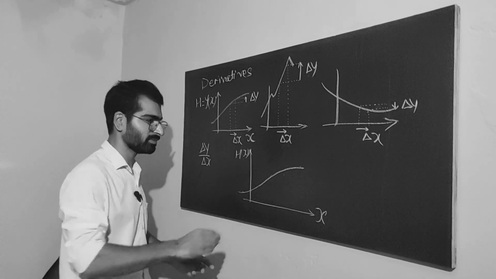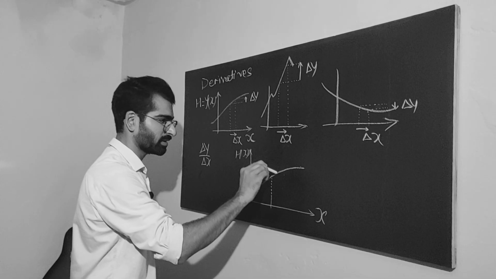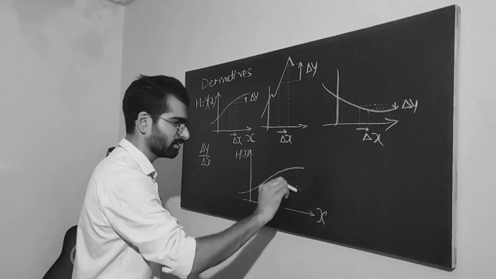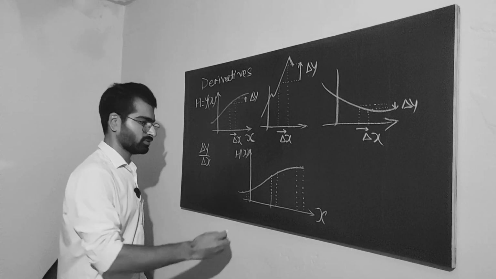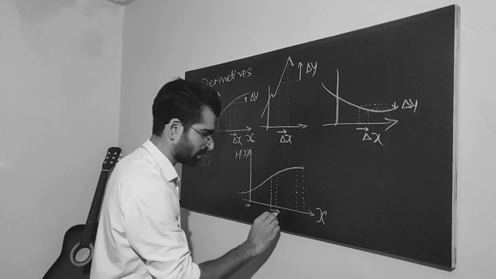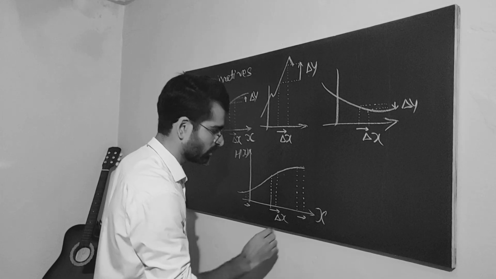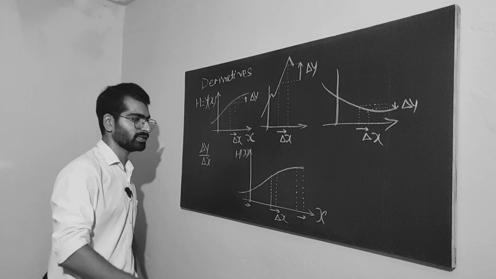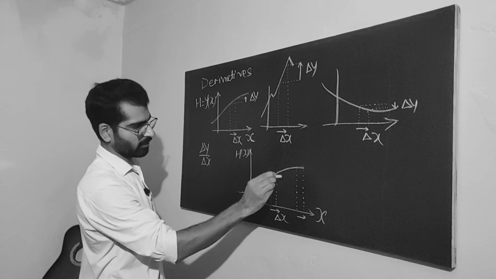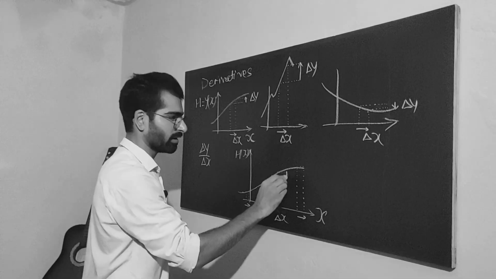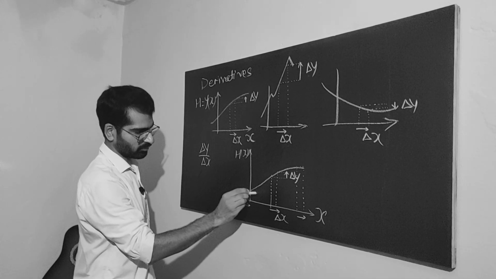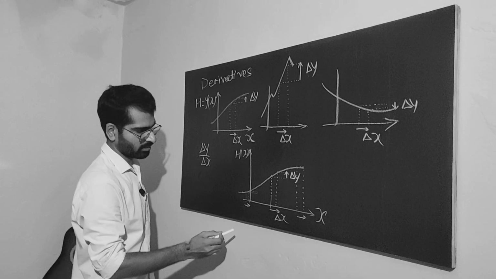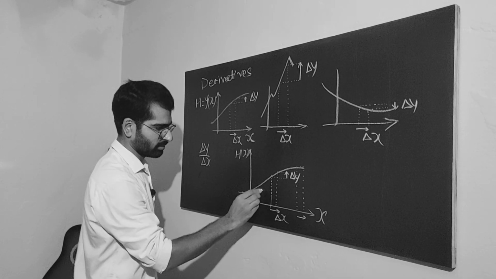You make a side step, right? Make a side step, a little one. Make one here, one there, and so delta x, all of these are the same delta x's. Then you will find delta y here is larger than what you can have here.